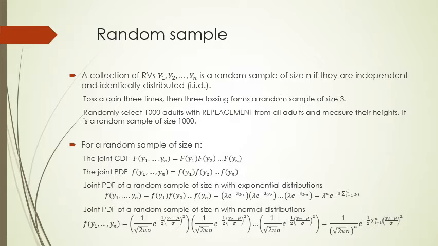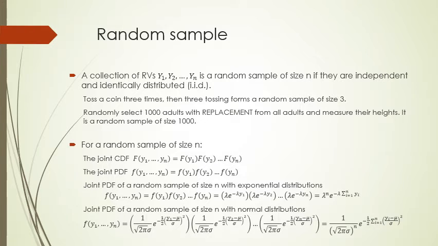For example, we may derive the joint distribution of a random sample of size n with identical exponential distributions. Since the random variables are independent and identically distributed, we only have one parameter lambda for all marginal distributions.